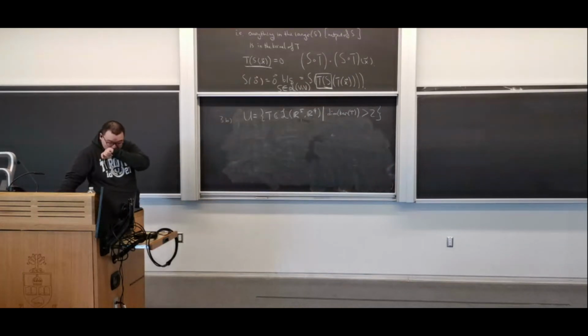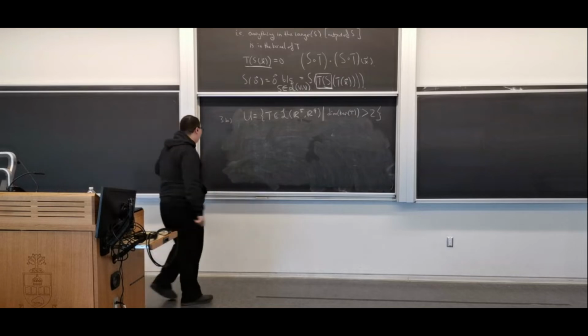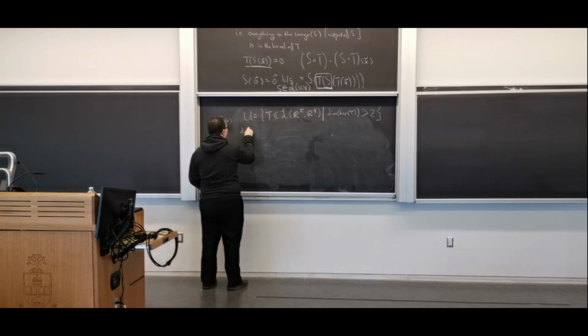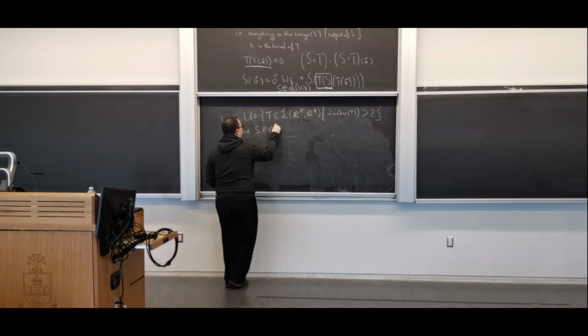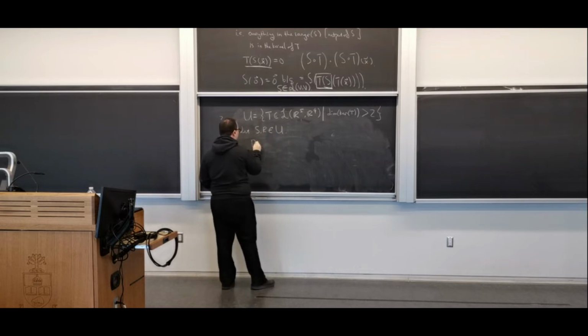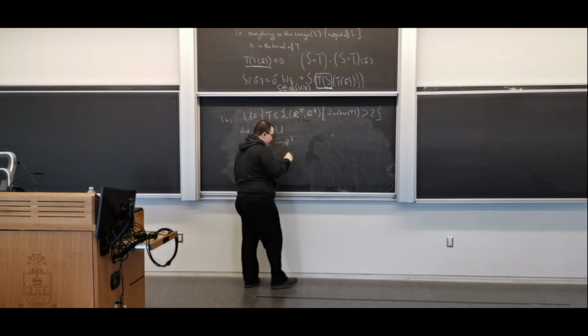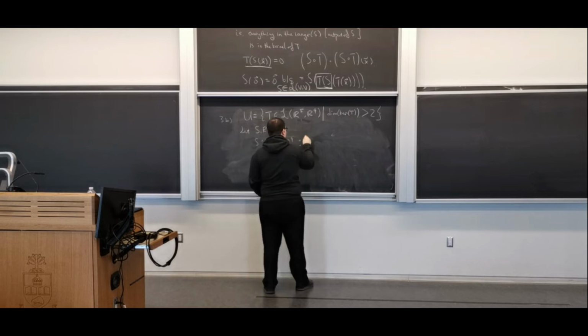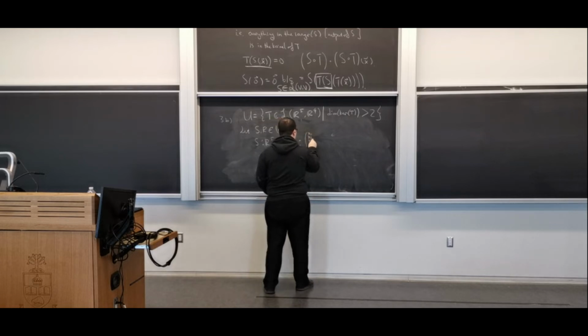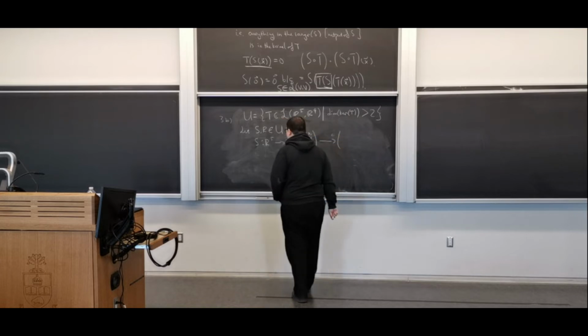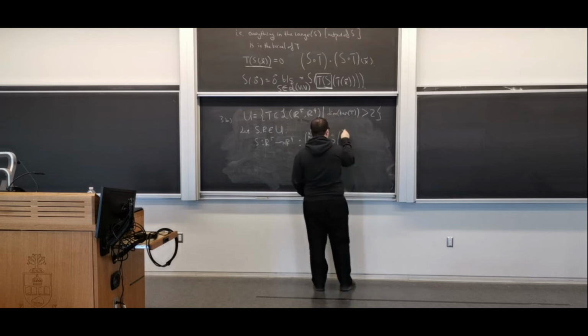But this makes it even easier. Okay, so let S and R come from U, and let's define S going from R5 to R4, such that it maps x1, x2, x3, x4, x5 to, well, I'm just going to do x1, x2, 0, 0.